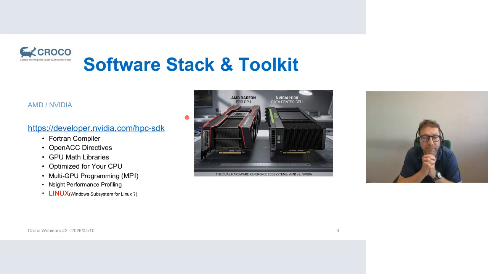And then they developed an entire ecosystem for their hardware with a compiler, optimized libraries for the graphic card, optimized MPI, and they have profiling tools. It works on Linux, and I think it works on Windows Subsystem for Linux too.